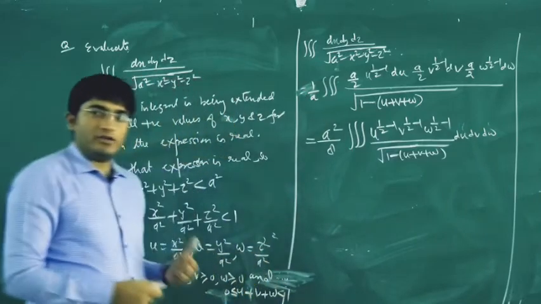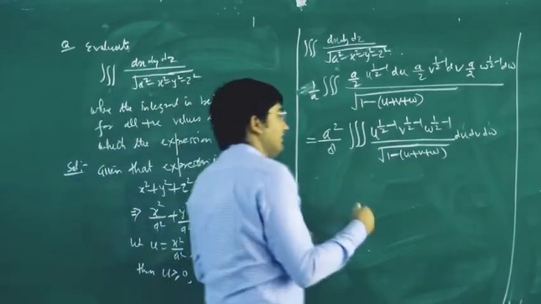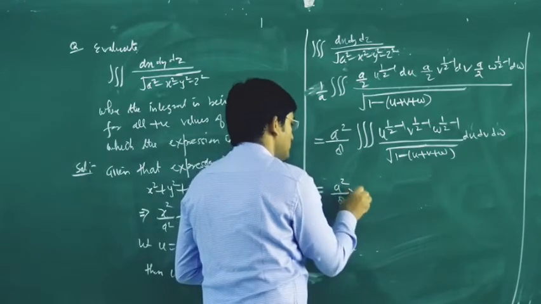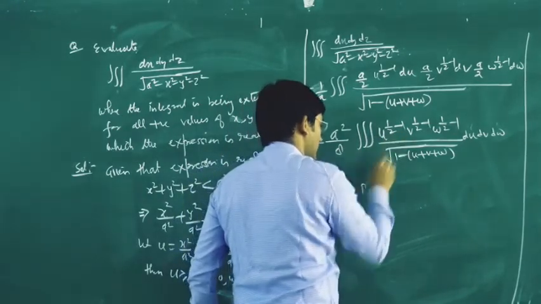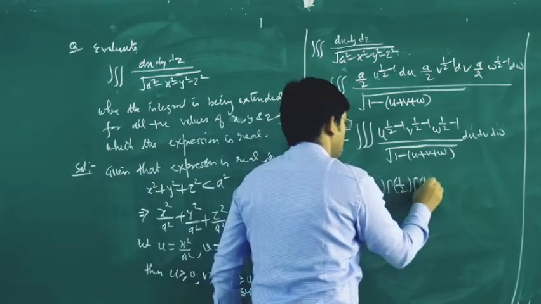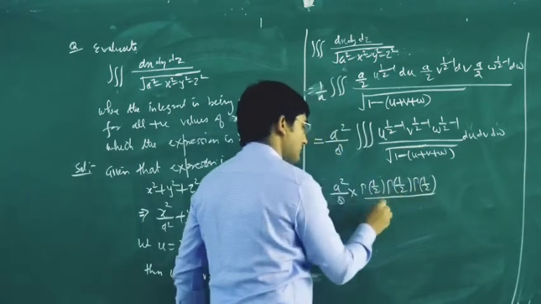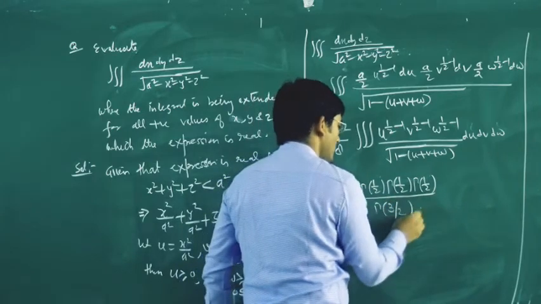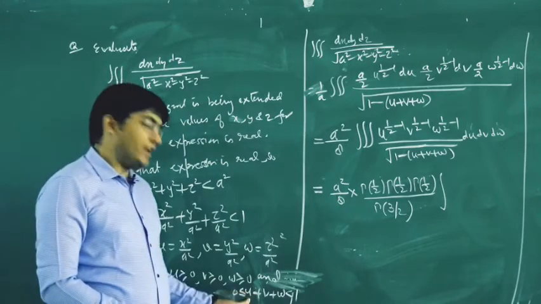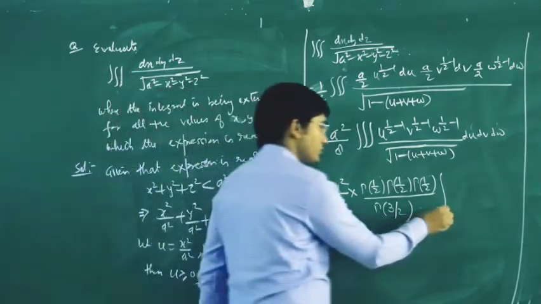Now let us apply the Dirichlet integral or Liouville integral. So this integral is equal to gamma l, so we have gamma half into gamma m into gamma n divided by gamma l plus m plus n, so we have gamma 3 by 2, and then u plus v plus w varies from 0 to 1, so we have the integral from 0 to 1.